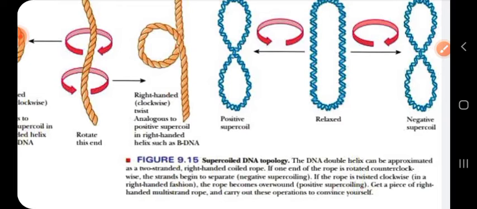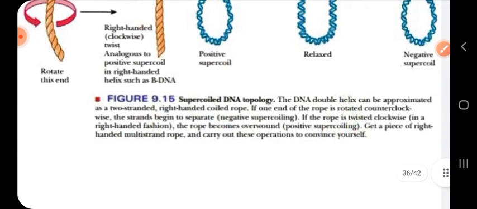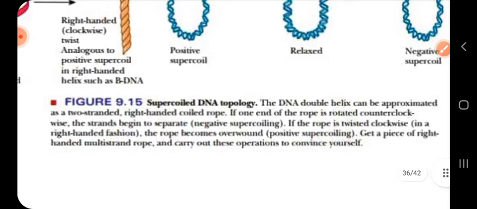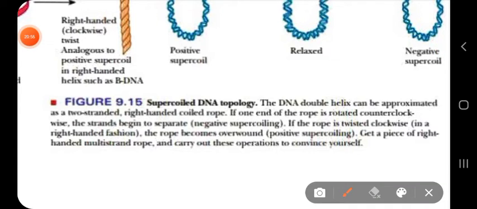Counterclockwise means moving in a left-handed fashion. Okay. So as it is saying, the DNA double helix can be compared to a two-stranded right-handed coiled rope. Now if one end of the rope is rotated in the anti-clockwise direction or counterclockwise direction, the rope becomes overwound.